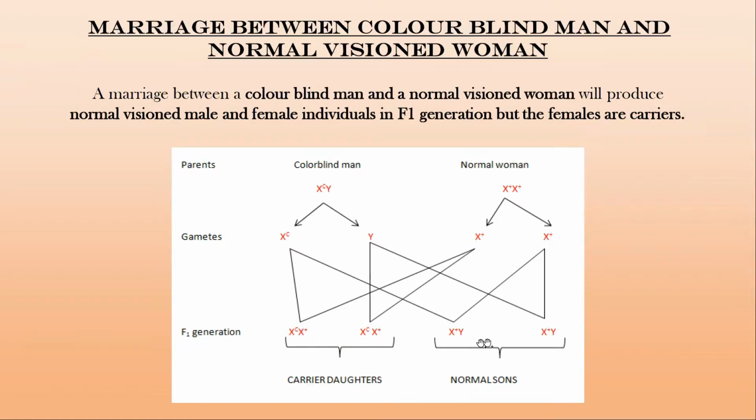The sons will be normal because the color blind man only contributes the Y gamete, which does not have the allele for color blindness.